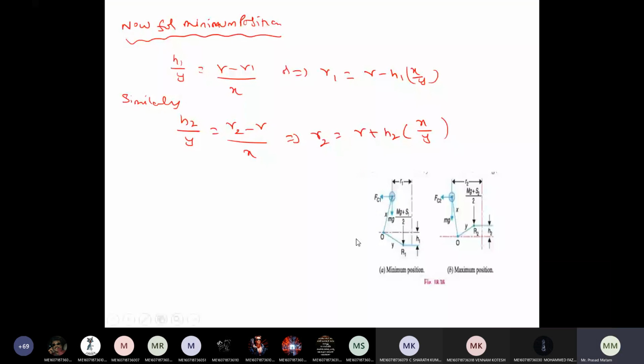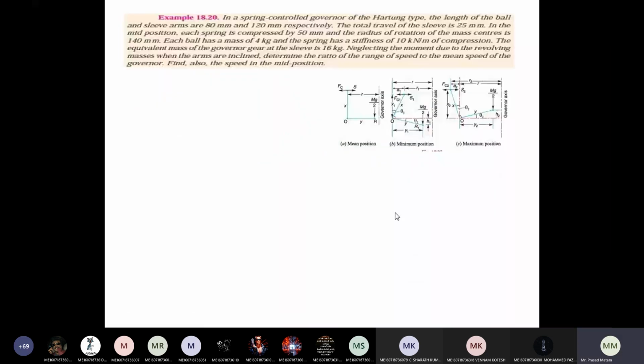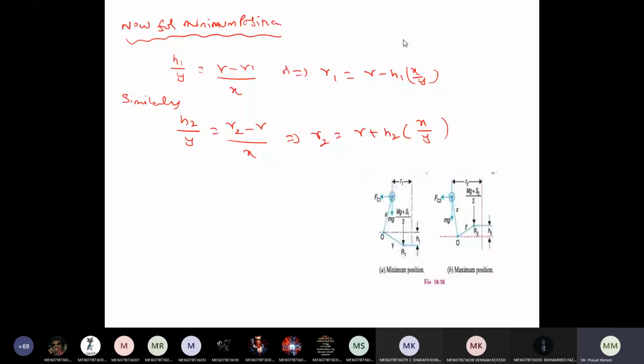This is the vertical length, x by y, which is equal to, you can see here, r minus r1, where r is the total radius of rotation and r1 is the minimum radius of rotation, by this distance x. Let me go to one more diagram. You can see here, this is the total length. Total radius of rotation is r. Let me show that. I draw a vertical line here.